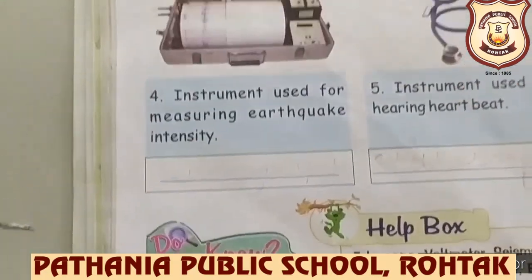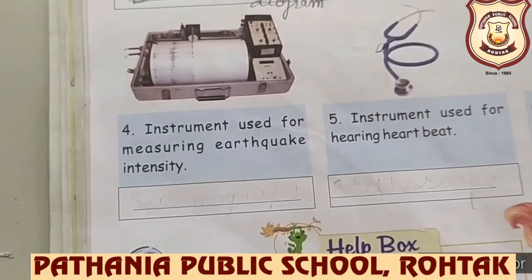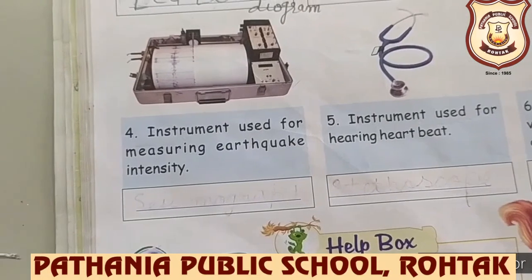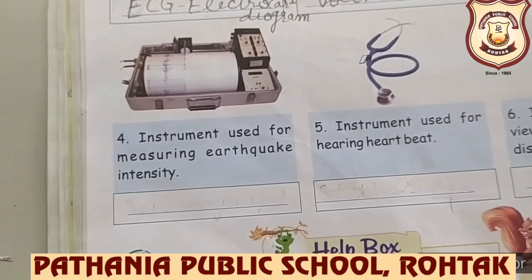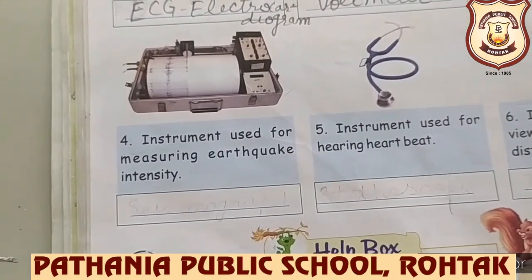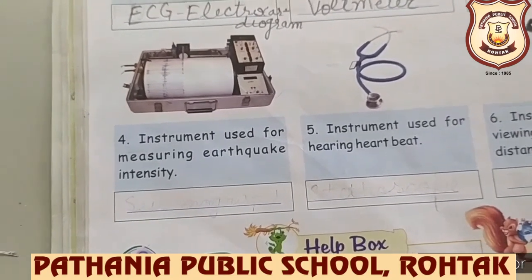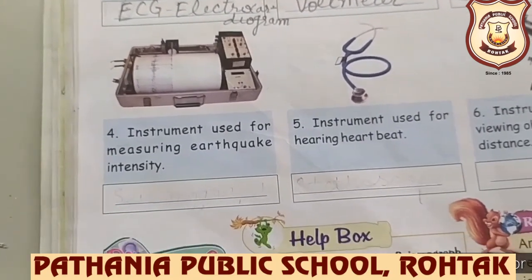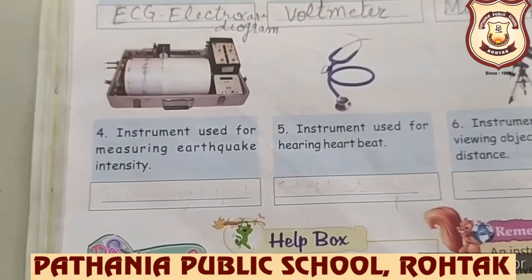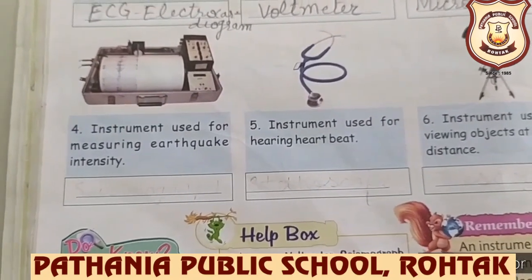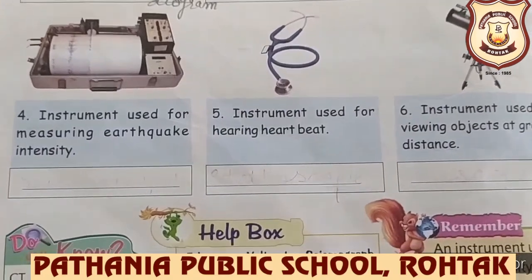Next is number 4, instrument used for measuring earthquake intensity. What is intensity? It's a quality of being very strong, or you can say extreme degree of strength, force, energy, or feeling. Okay, so instrument used for measuring earthquake intensity. Okay, what is this?